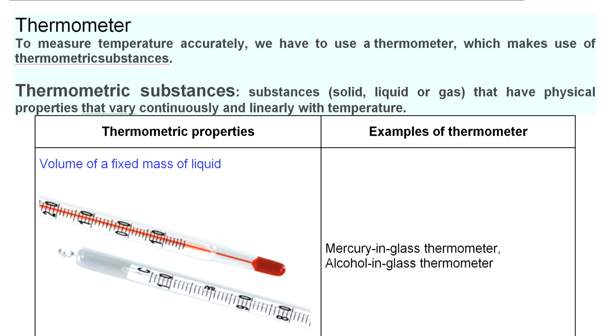If you see, students, the definition of thermometric substances, solid, liquid or gas, that have physical properties. This is very important, physical properties that vary continuously and linearly with temperature. Continuously and linearly with temperature.